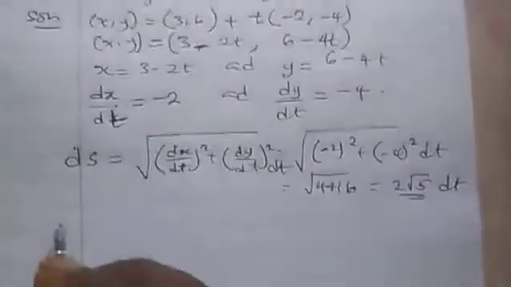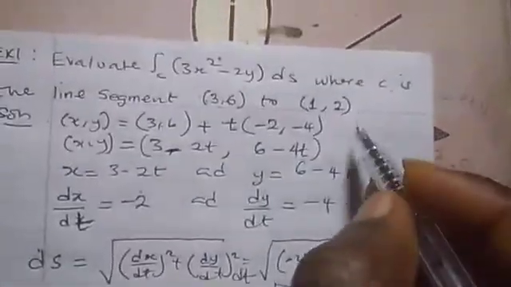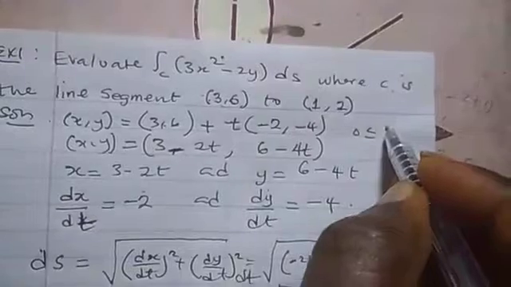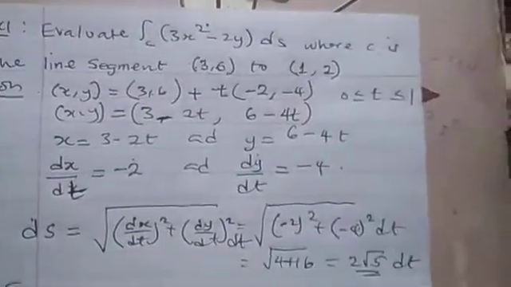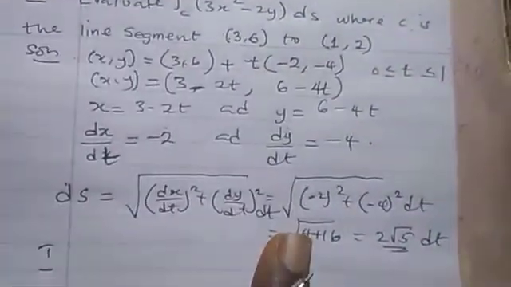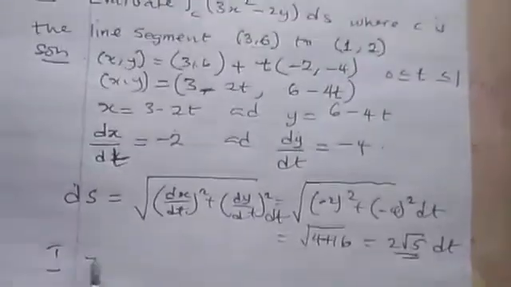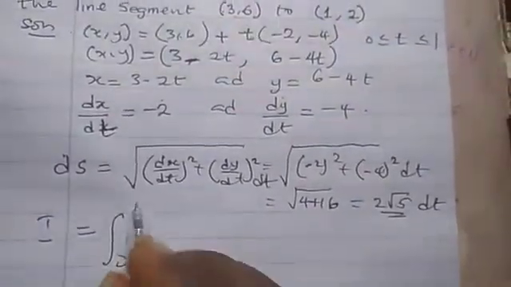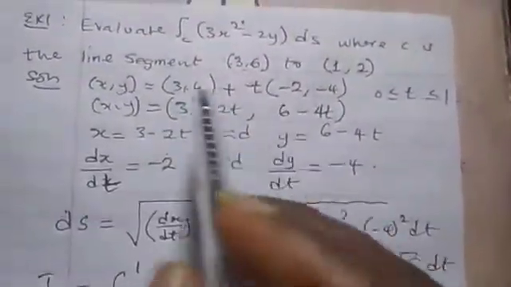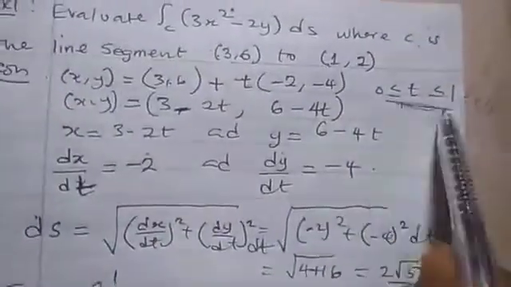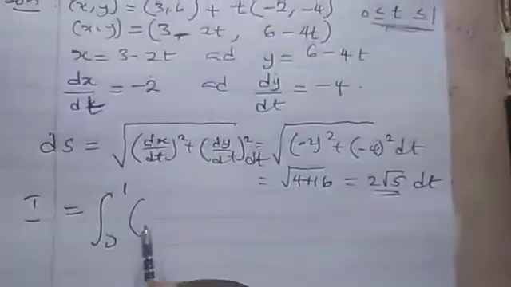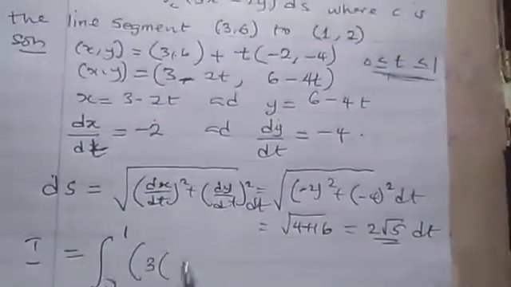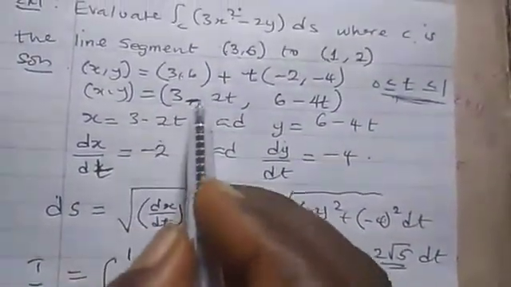Let's substitute everything here. Therefore, also we need to know the bound of t. It will be less than or equal to 1. Our bounds will be 0 to 1 because we have turned it to t. And we are turning it to that, this will be your boundary. 0 to 1. 3x squared. This is our x here.